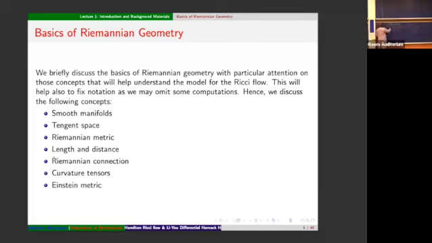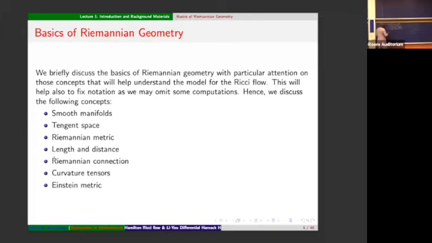Then, what is a tangent space? The space of tangent vectors. Then we need to know the Riemannian metric. And then we talk about length and distance on a smooth manifold.